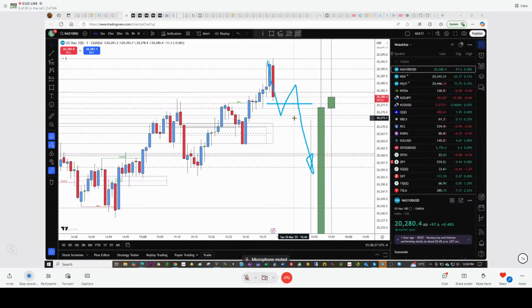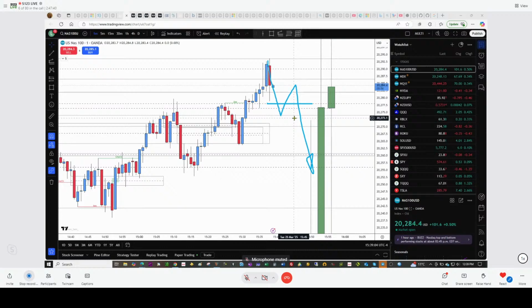Next high is over 10 handles up. Okay. All right, so looking for that 1, 2, 3 top now. And we have 10 minutes before macro time.